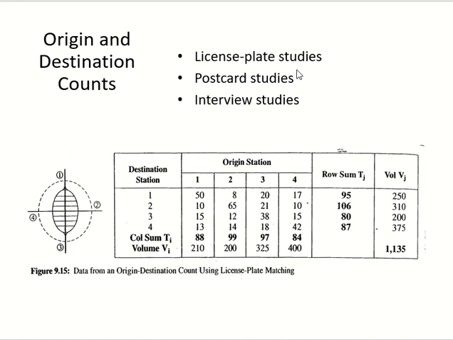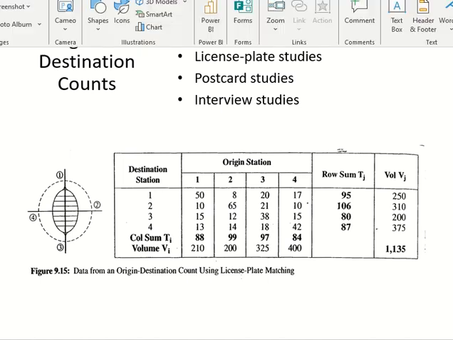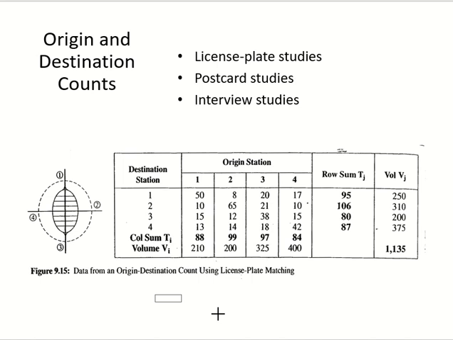How do I do this? Take the first column. How much is the volume? I will call the factor F1, whatever. What is the volume for the first column? 210. What is the summation from the matrix? 88.